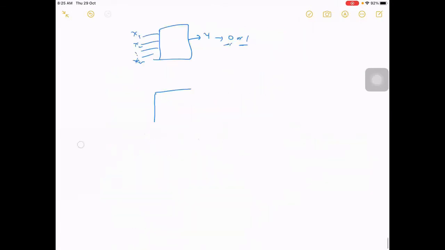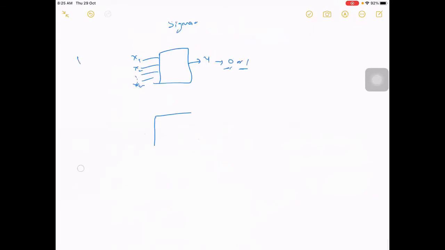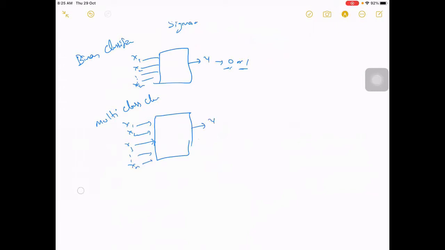So this is binary classification, right? Similarly, if you have multi-class classification, you have similar inputs x1, x2, x3, and so on up to xn. Instead of a single y, you'll have multiple values, like y1, y2.